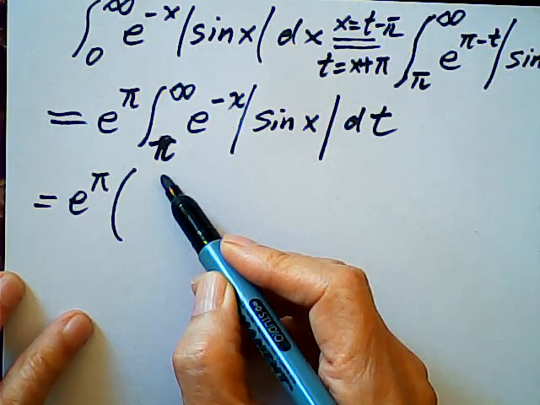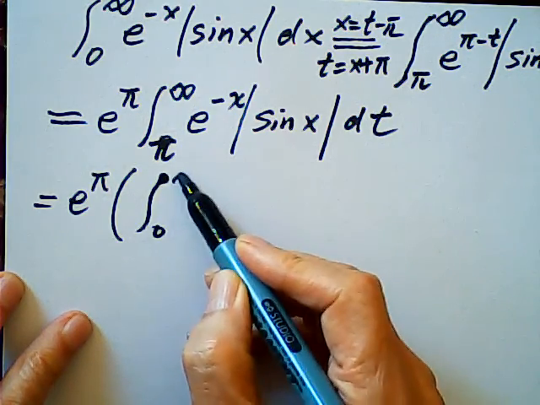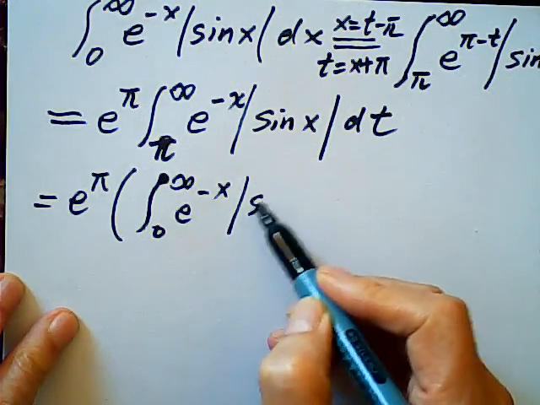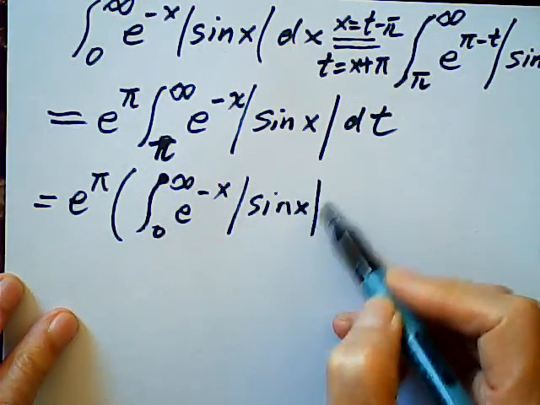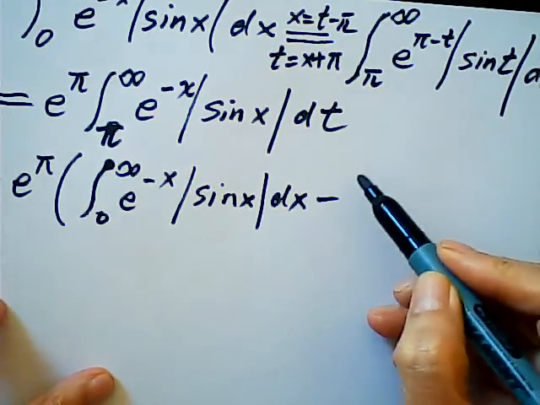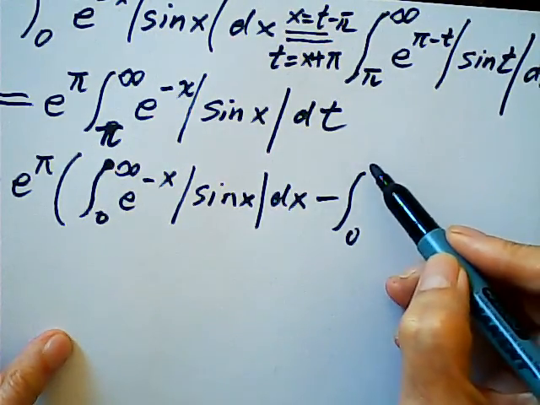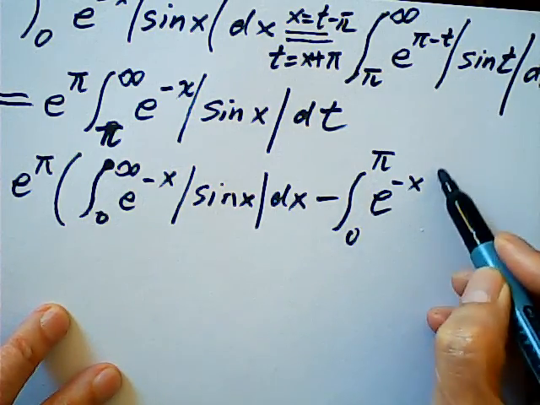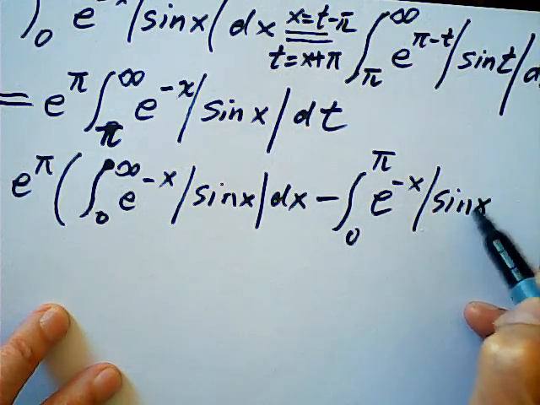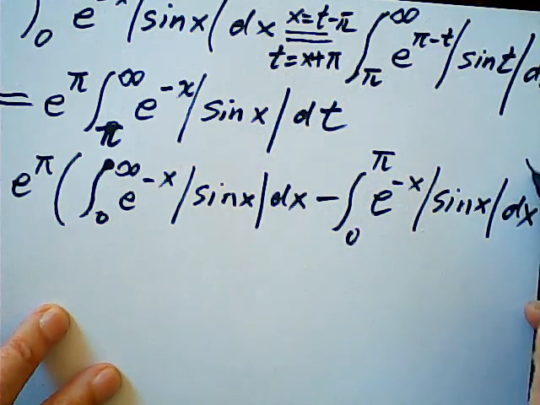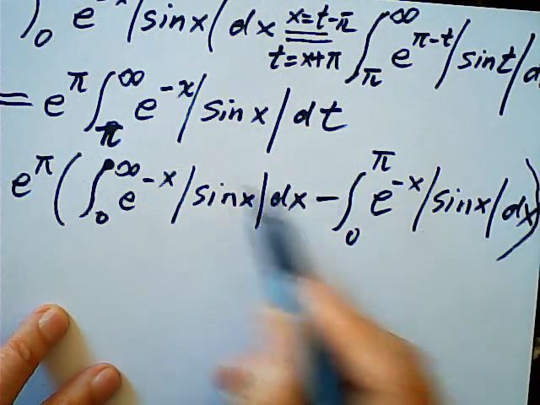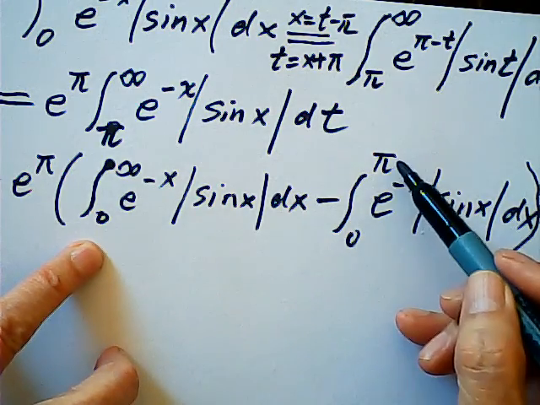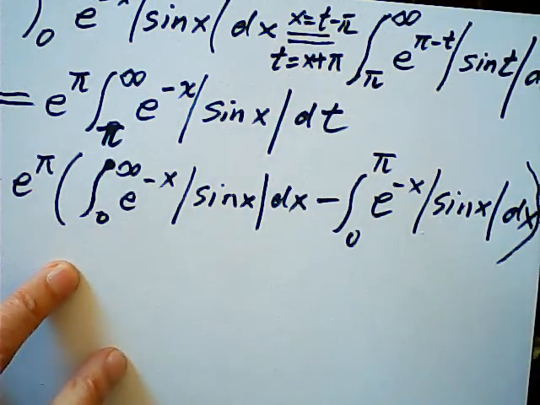So this one is from 0 to infinity, e to the negative x, absolute value sine x, dx, take away one interval, which is from 0 to pi, e to the negative x, absolute value sine x, dx. See, this minus this one is this: from 0 to infinity, minus from 0 to pi, remaining from pi to infinity.